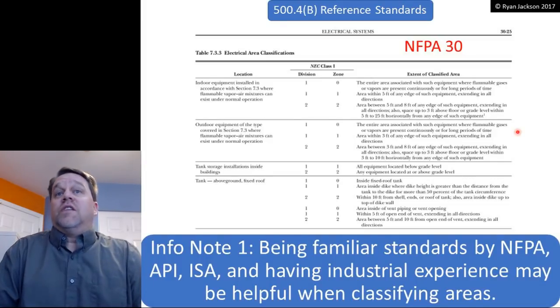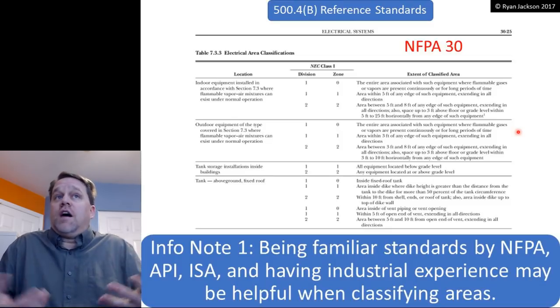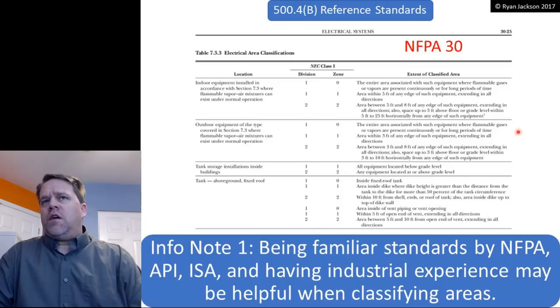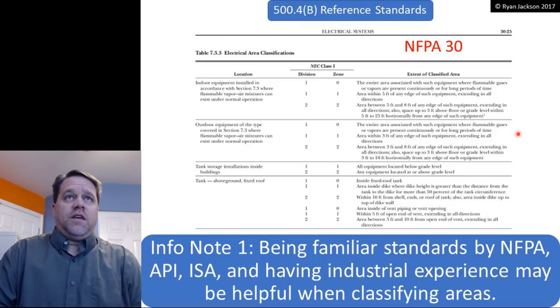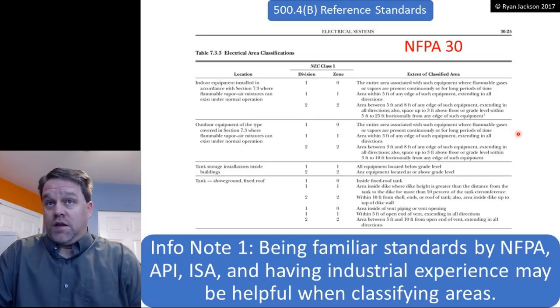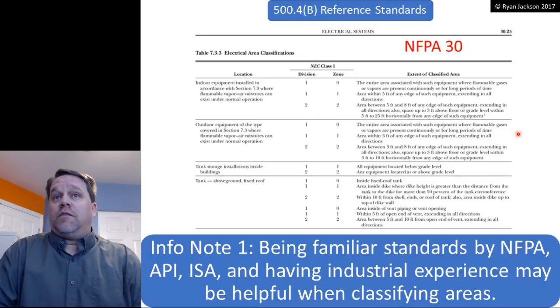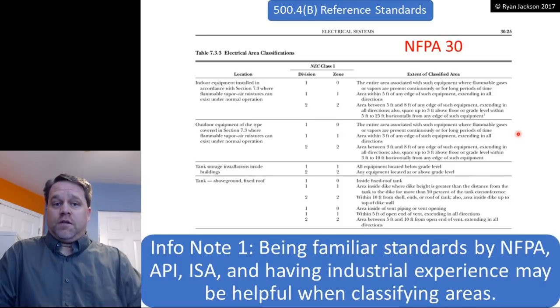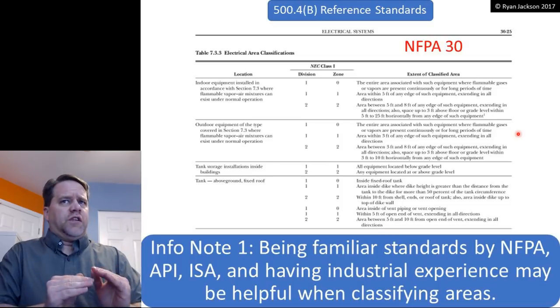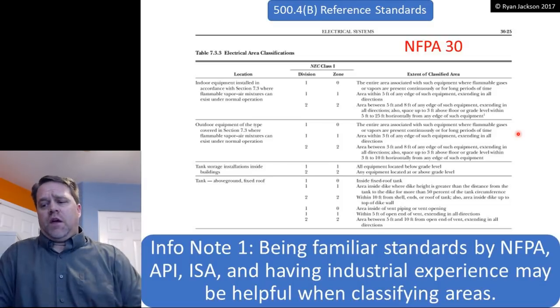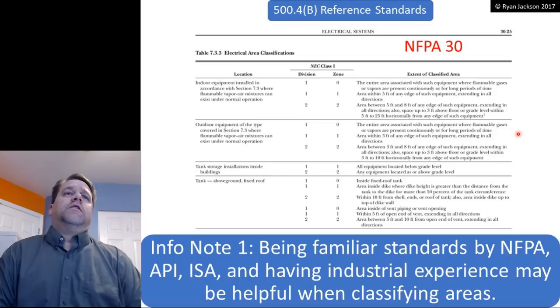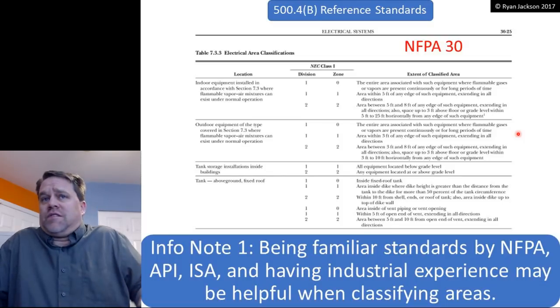NFPA 30 is another really good document. That's actually the standard for area classification. So NFPA 30, NFPA 497, NFPA 499, I think are very helpful indeed. Some of the other NFPA standards I'm sure are quite helpful as well, but they're very specific. I'm not going to spend any time reading the recommended practice for cryogenic liquids because that's not my world.